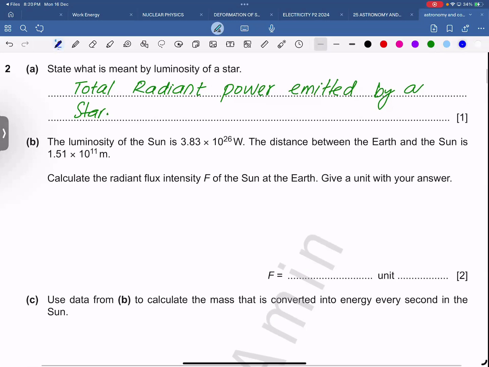Dear students, organize the data. Luminosity of a star is this, underline letter L. Distance between Sun and Earth is this, letter D. Radiant flux intensity F, easy. Give a unit also. Unit is watt per meter square.